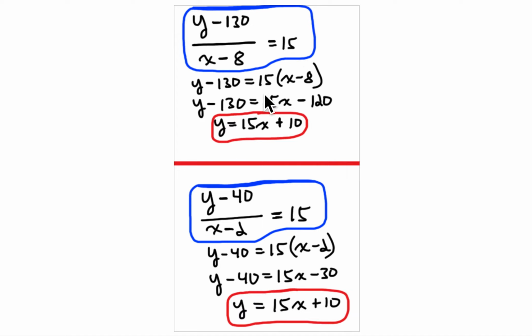So now you can just write that: y minus 130 is equal to 15 times x minus 8. Same thing down here. Y minus 40 is 15 times x minus 2. So the number of units in the vertical direction is 15 times the number of units in the horizontal direction. So then you can write y minus 40 equals 15 times x minus 2.